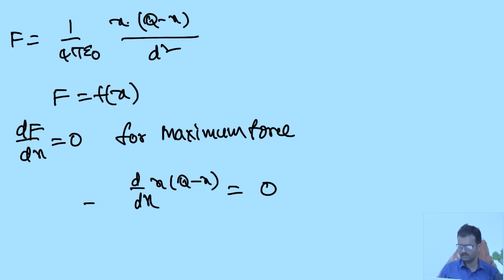Bring this constant to the other side, so 0 into 4 pi epsilon naught d square. 0 into anything is 0. So d by dx of x into Q minus x should be 0.